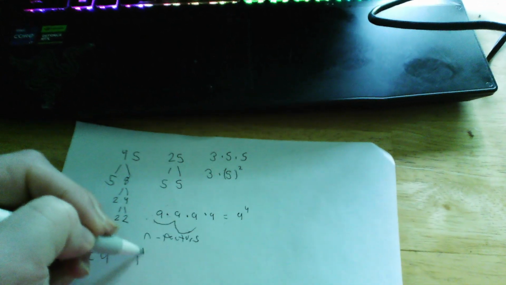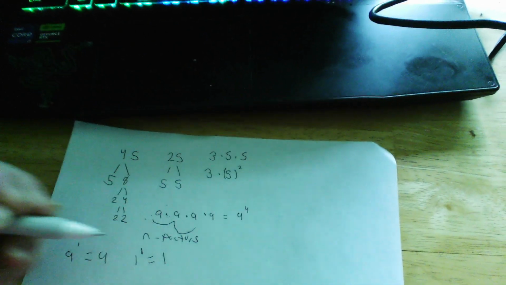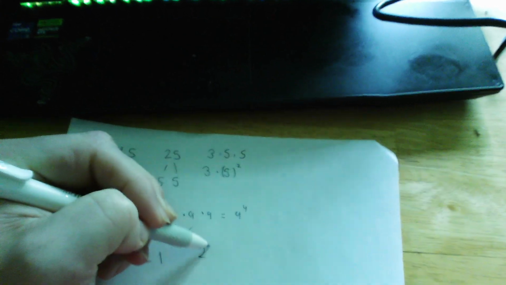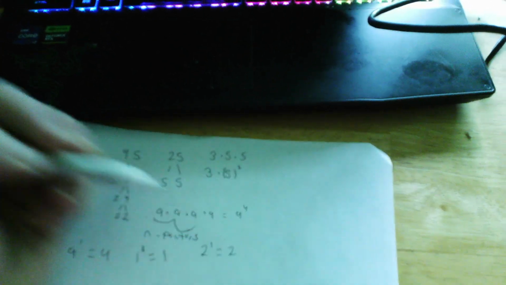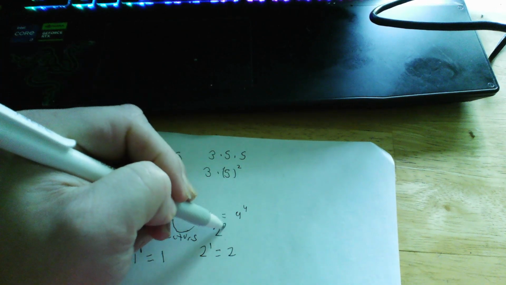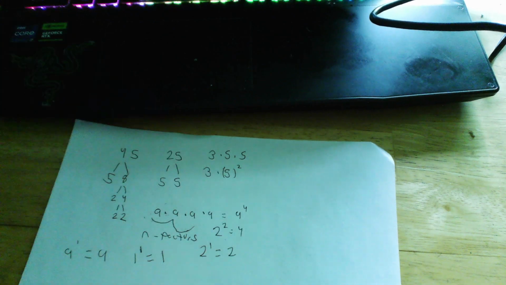So 2 to the exponent of 1 equals 2, whereas 2 to the second equals 4. It can also be read as 5 squared, or 5 exponentiated to 2, 5 to the power of 2. These are all examples of ways to describe multiplication.